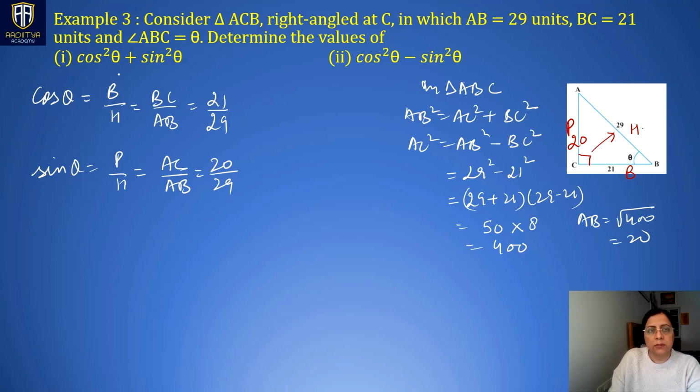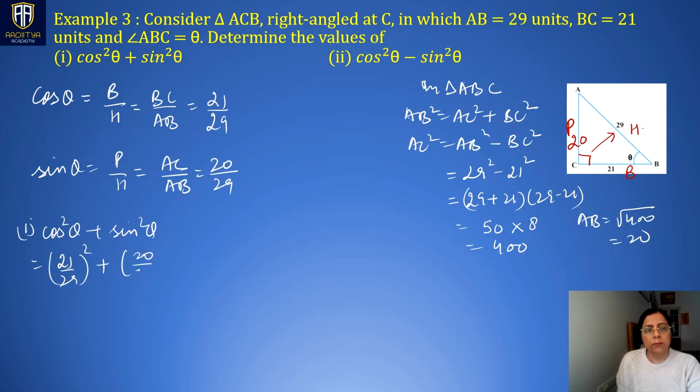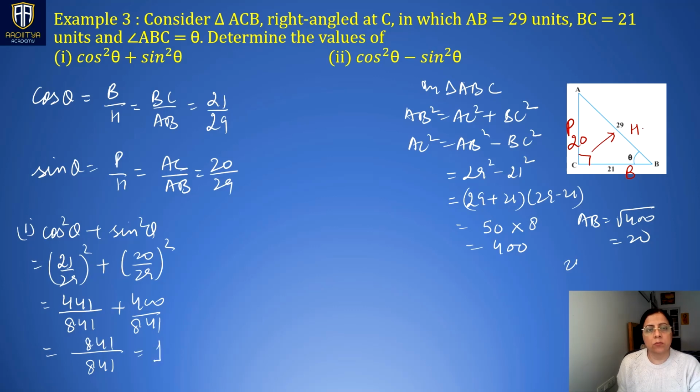So we have to find cos square theta and sin square theta in both the questions. So we have found cos theta. For the first part, cos square theta plus sin square theta is 21 by 29 whole square added to 20 by 29 whole square, which is 441 over 841, since the square of 29 is 841, added to 400 divided by 841, that is 841 by 841, which is 1.